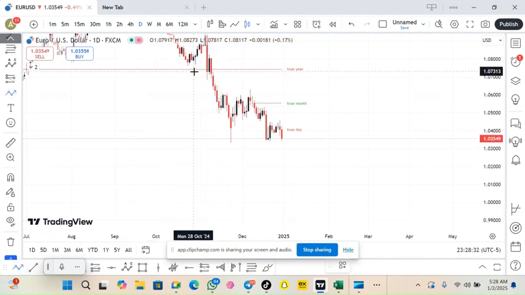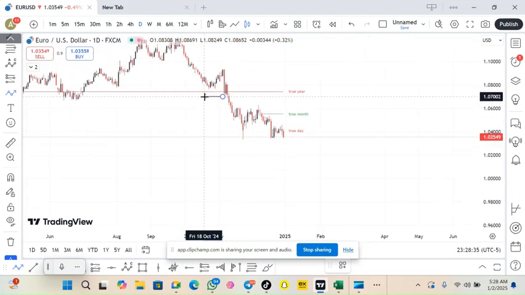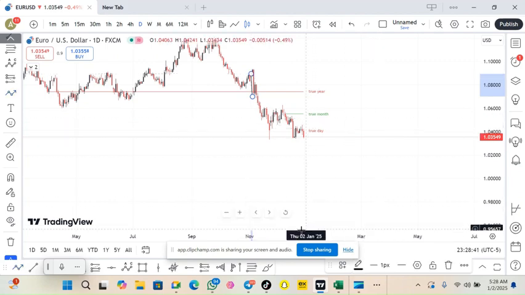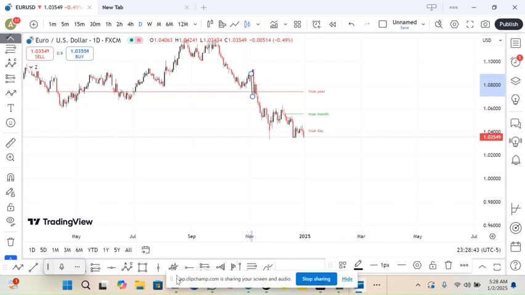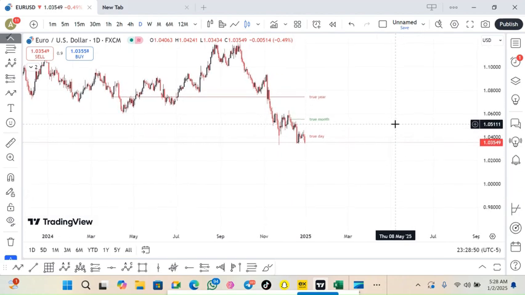For those that find it difficult to understand the market structure, I'm going to draw it out. So this is daily.